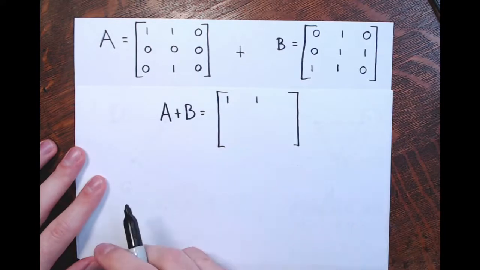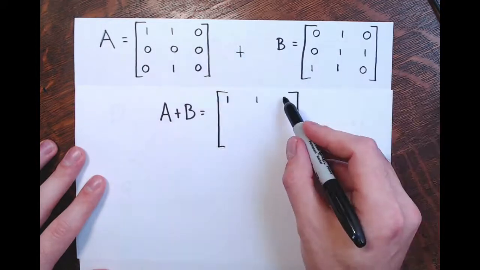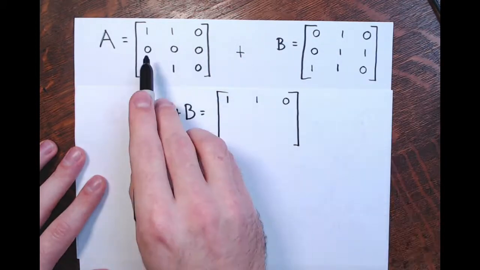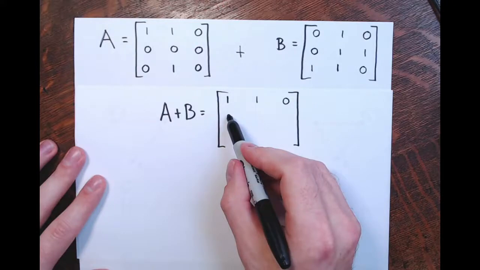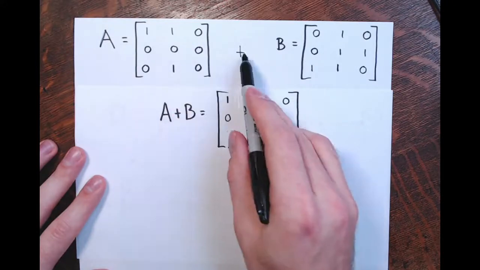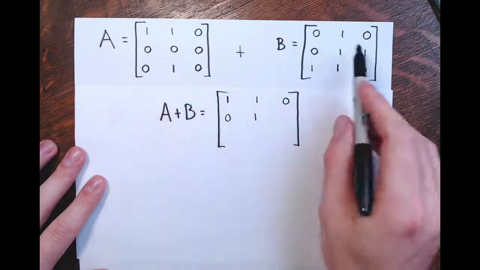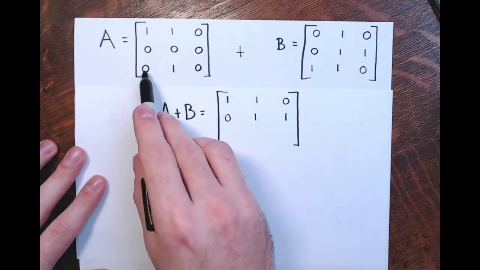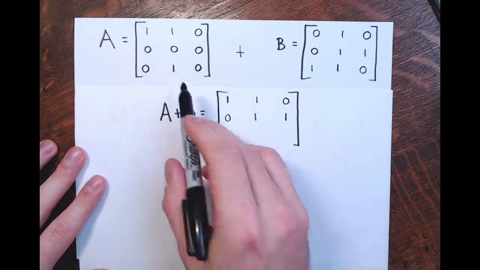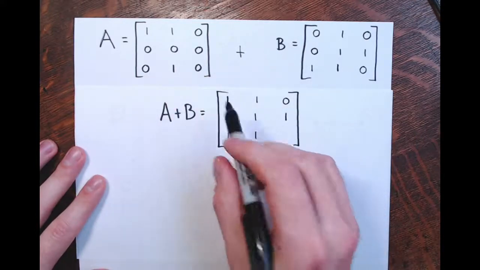Remember, it's Boolean, not 2. 1 plus 1 is 1. 0 plus 0 for the first row, third column, 0. Then the second row, 0 plus 0, 0 plus 1, 0 plus 1, 0 plus 1, third row. And 1 plus 1, 0 plus 0.